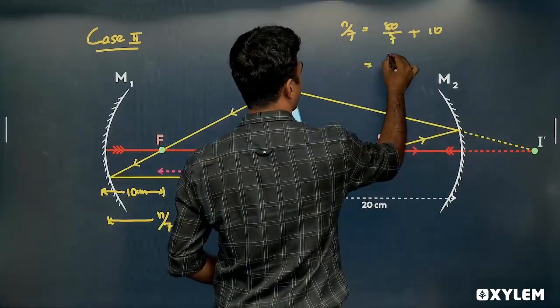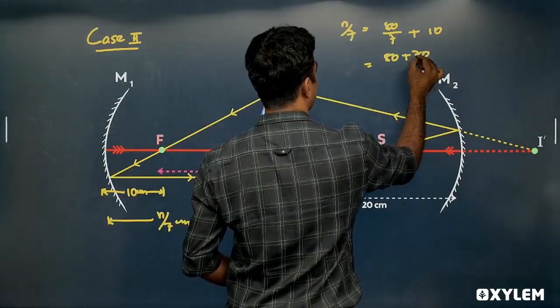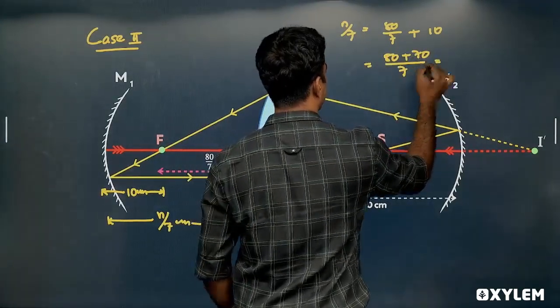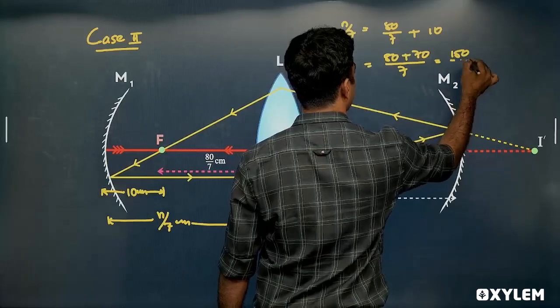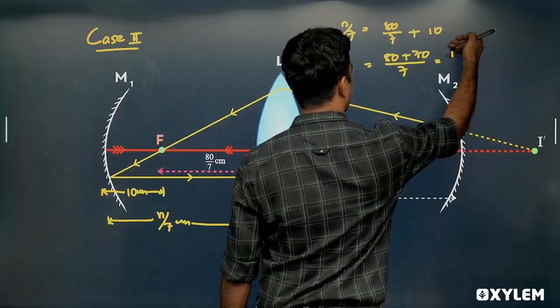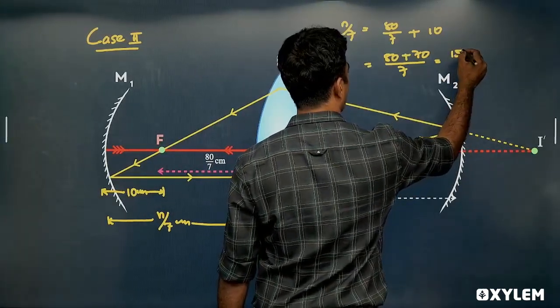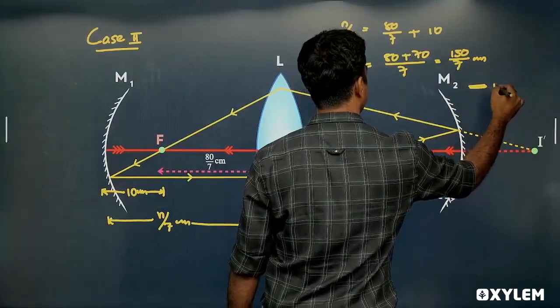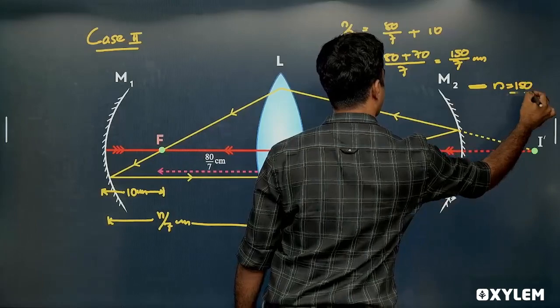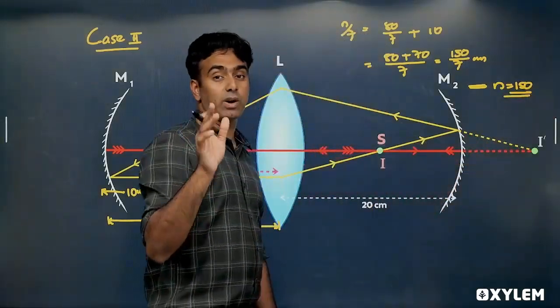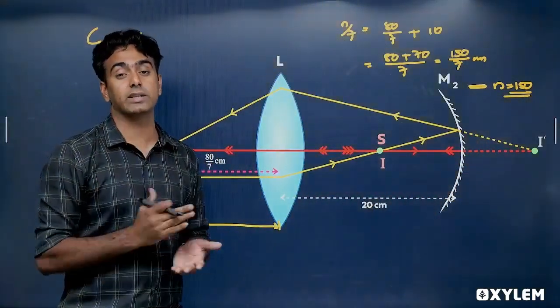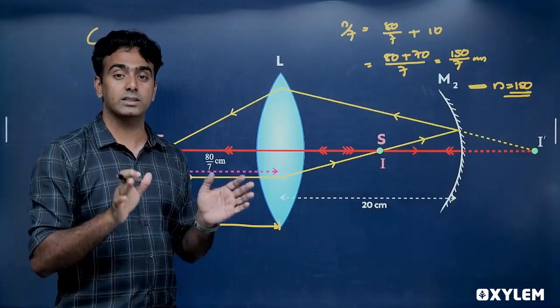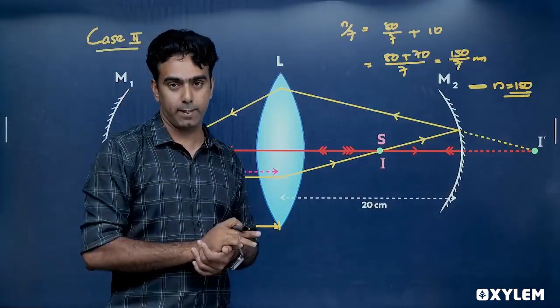That is equal to (80 plus 70) divided by 7, that is 150 divided by 7 centimeter, which implies n is equal to 150. This is the second answer, also found to be correct.